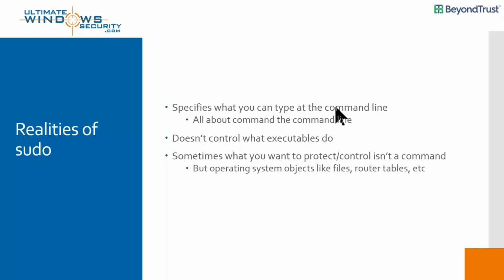So if you give somebody in Sudo the authority to run VI, you have to take additional measures to make sure they can't shell out and run arbitrary commands and thus bypass Sudo. That's just one example of what I'm talking about when I say that Sudo controls what happens at the command line, but not what executables can do. And sometimes what you want to control isn't a command, but maybe it's something about a particular file or router tables or stuff like that.